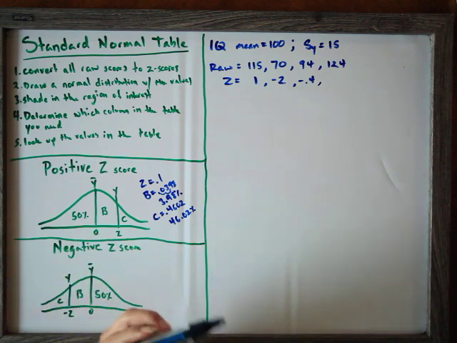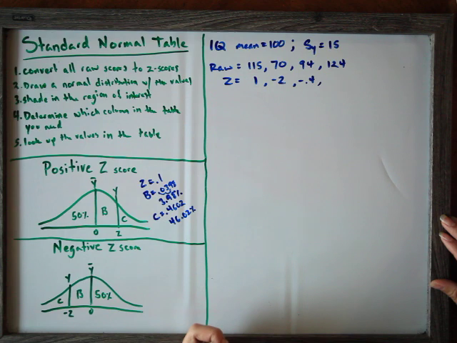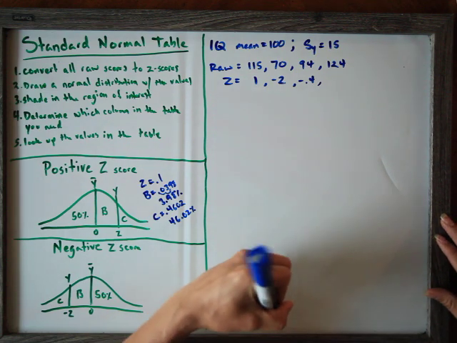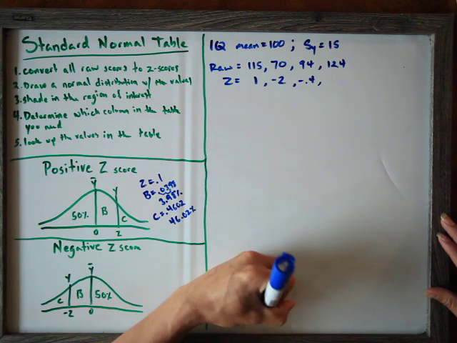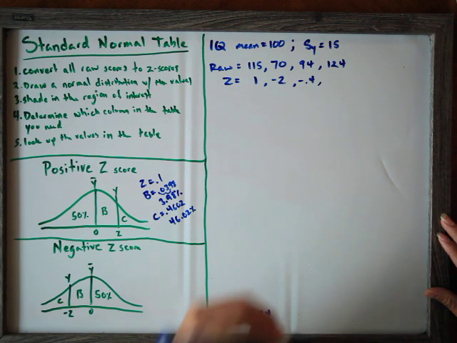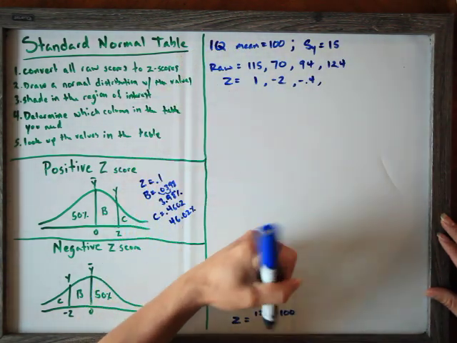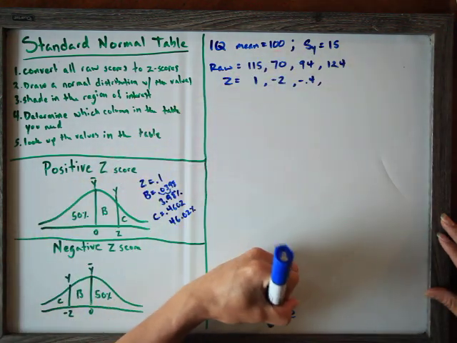fourth value together. So we're going to convert 124 as a raw score into a z-score for this distribution. To do that, we're going to do z equals 124, which is the raw score, minus 100, which is the mean, divided by 15, which is the standard deviation.